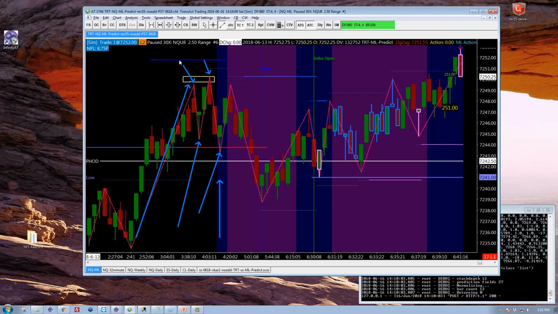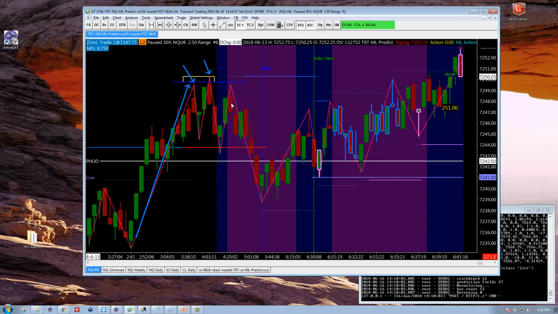So this purple area says I won't take longs or shorts in this zone. Let's just walk through what happens and how it shifts and changes, and that'll help you understand the logic if it's not clear. At this point in time, on this bar, we established a low level also.